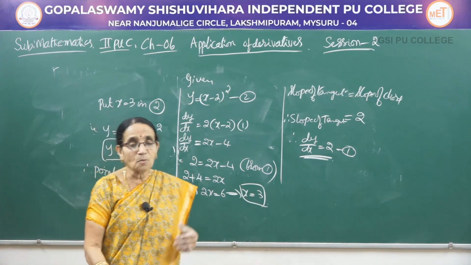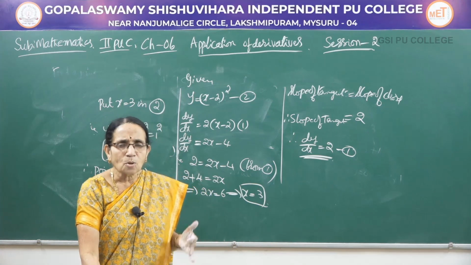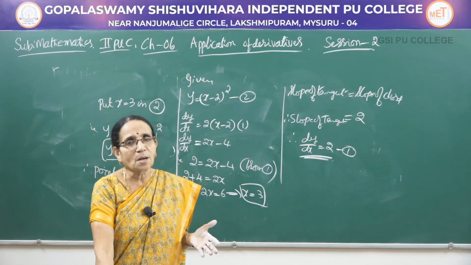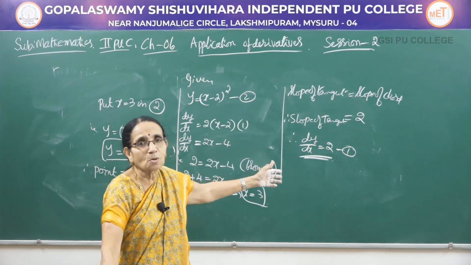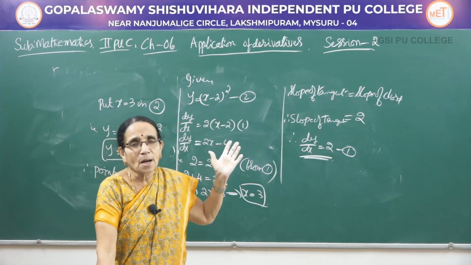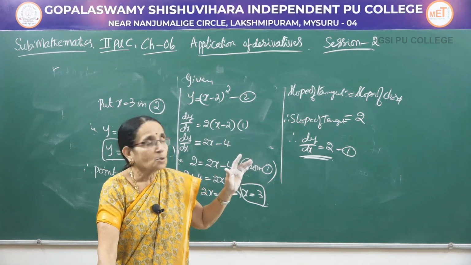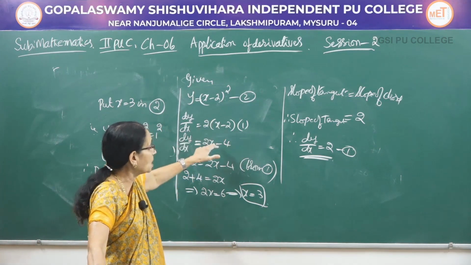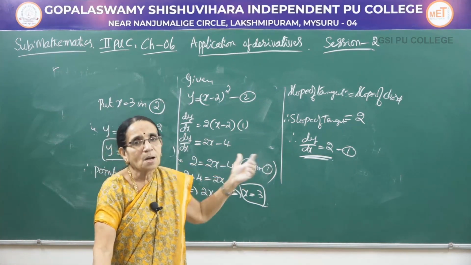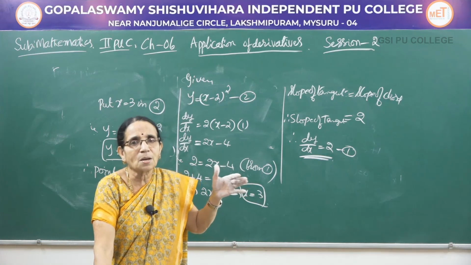In the previous one, we had got 2 points. In the previous problem, the condition was the tangent was parallel to the x-axis, so we took dy by dx equal to 0 directly. Here the condition was different: the tangent was parallel to the chord. So first we had to get the slope of the chord. After getting that, we equated it to the slope of the tangent, which is nothing but dy by dx.